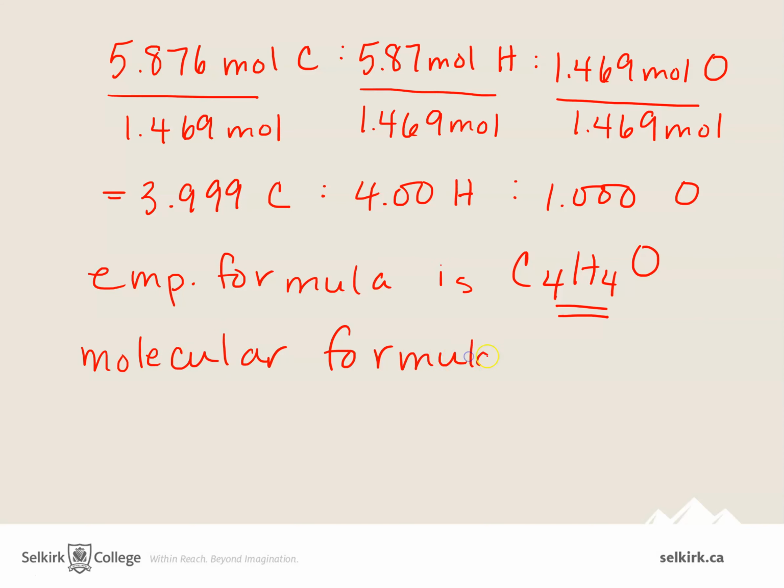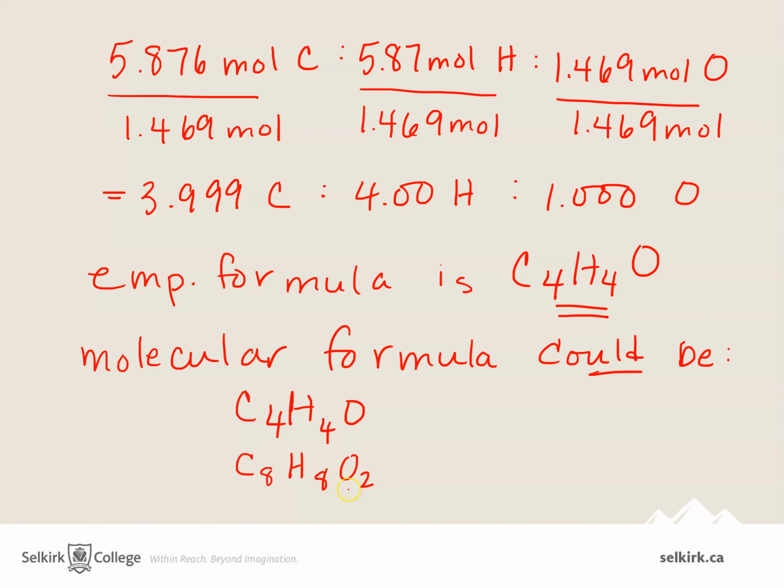In other words, the molecular formula could be C4H4O, or C8H8O2 if I doubled everything, or C12H12O3 if I tripled everything. The ratio is the same. If I want to know the molecular formula, I'm going to need more information.